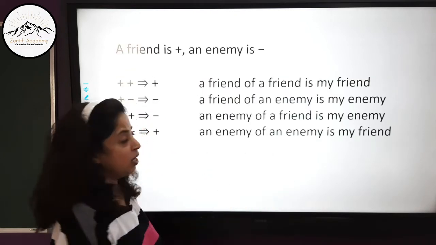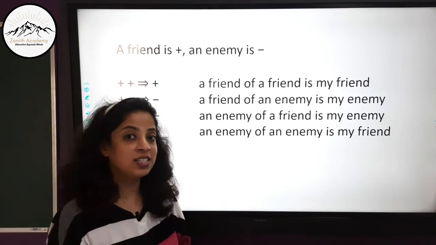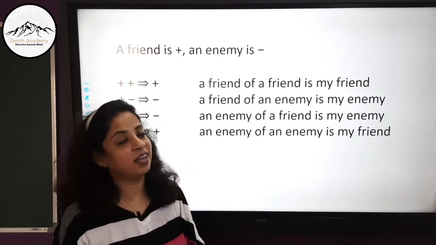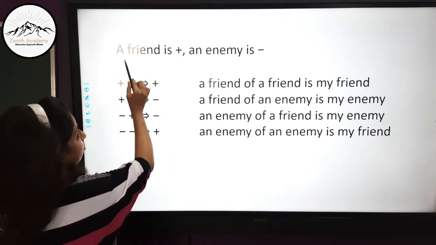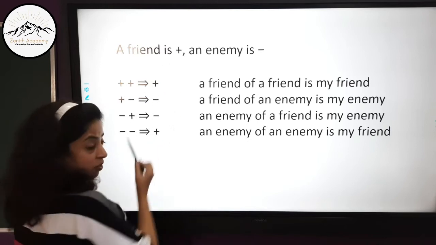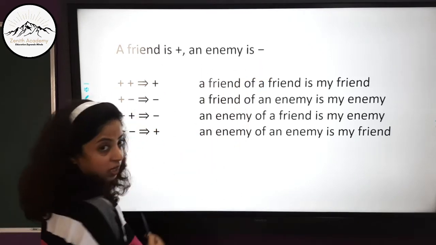So let's go ahead. Here is our trick. Please remember this, then you'll never make any mistake in integers. We will remember that a friend is represented by a positive sign and an enemy is represented by a negative sign.